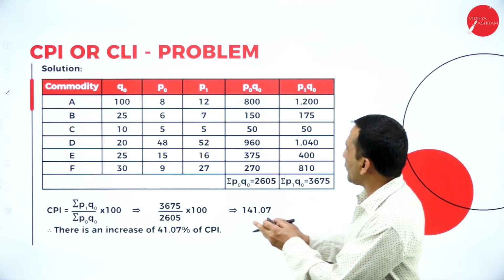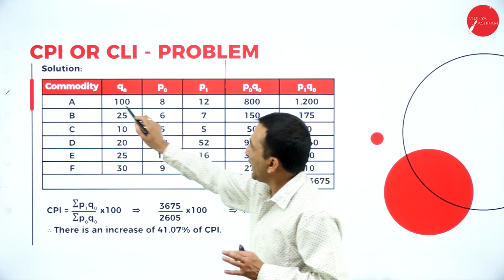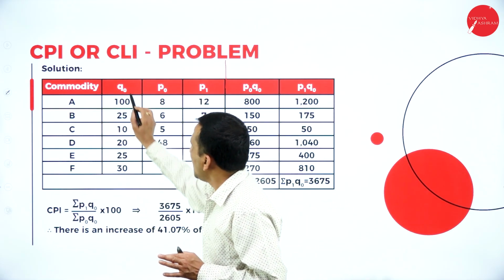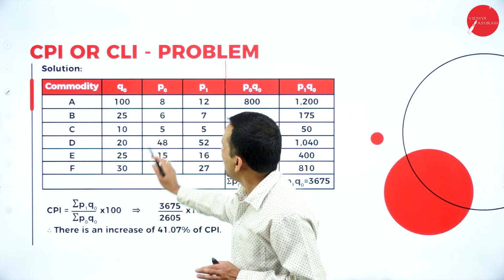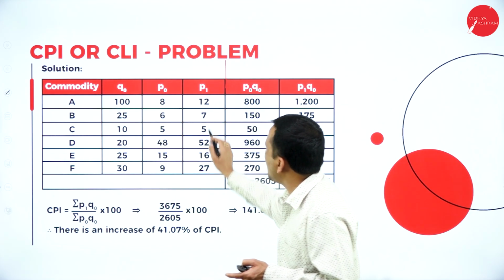Moving forward, whatever is in the question I have written symbolically. The commodities A to F are given, the base year quantity and the current year quantity, and the base year price and current year price.